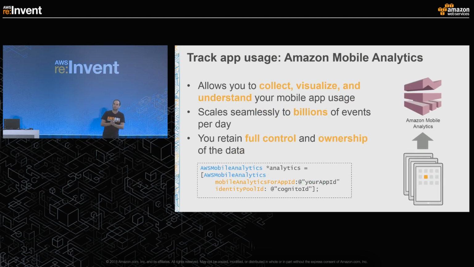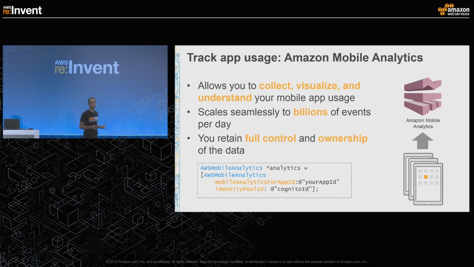Now, lastly, if we create a mobile application, we also want to understand our users a little bit better. And for that reason, we want to track them from day one. So for this, we're going to leverage Amazon Mobile Analytics, which allows us to collect, visualize, and understand the app usage of the application that you're building. Things like, what are my daily active users? What is the stickiness factor of an individual user?